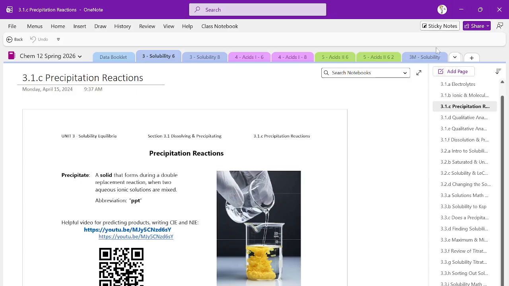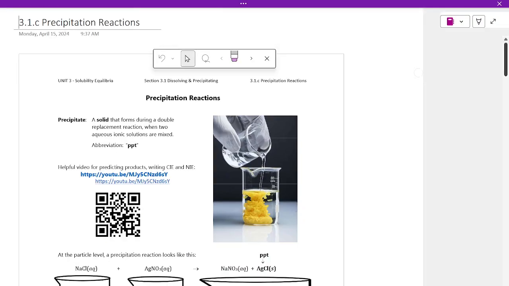So we are not going to spend very much time on this because we actually did this in January. We are looking at precipitation reactions, but we are going to go through it really quickly just to make sure we remember everything.